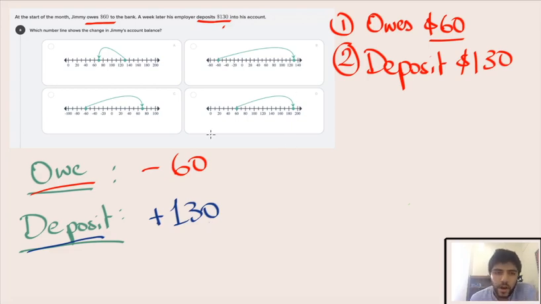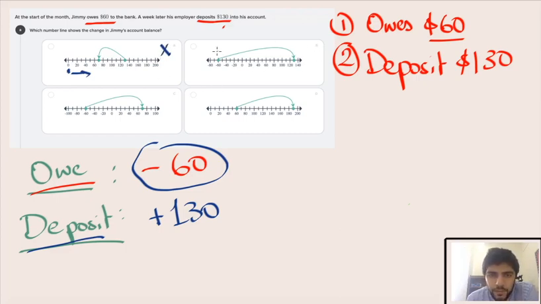Okay? Jimmy starts off owing $60. So we want the number line to start off somewhere that represents this. So let's look. A starts off at, this is the 0 here, it starts off at positive 70, it looks like. So we don't want that.